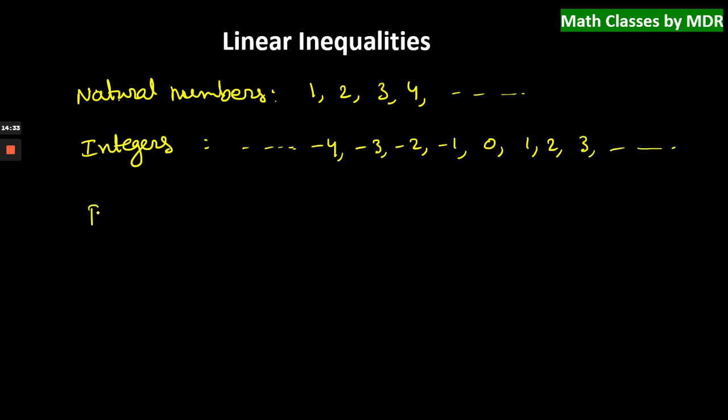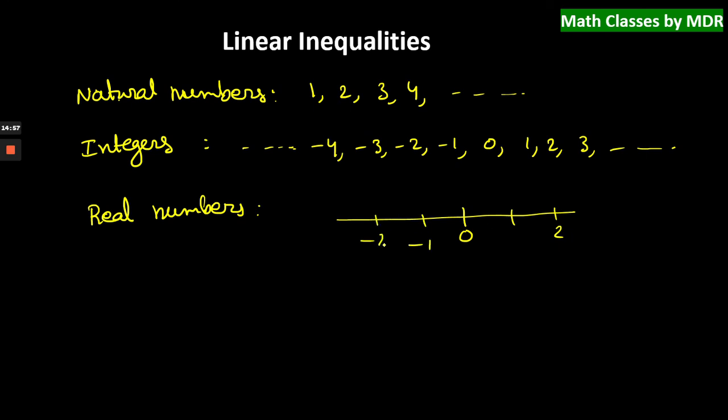And what about the real numbers? Real numbers are the set of all natural numbers, integers, rational and irrational numbers, right? That means in fact all the numbers. If you take a number line here, 0 and 1, 2 and so on, minus 1, minus 2 and so on, all the values between 0 and 1, 1 and 2, any value, any irrational number is a subset of real numbers.